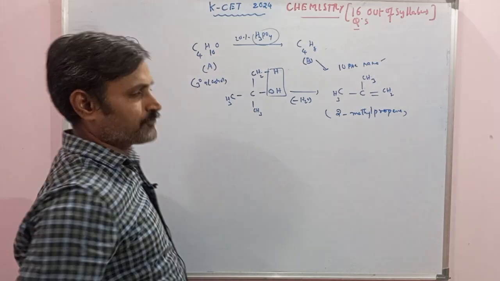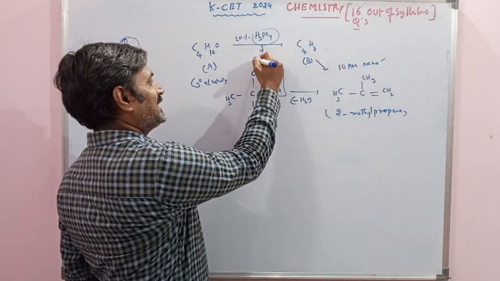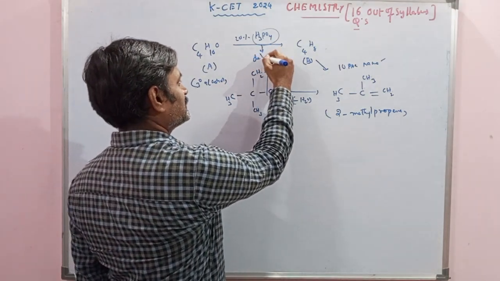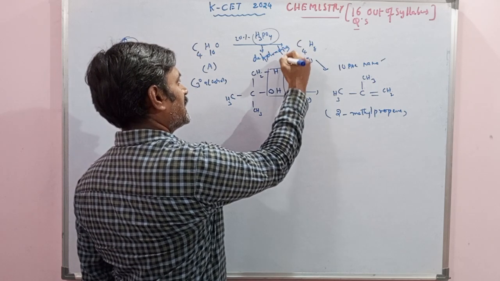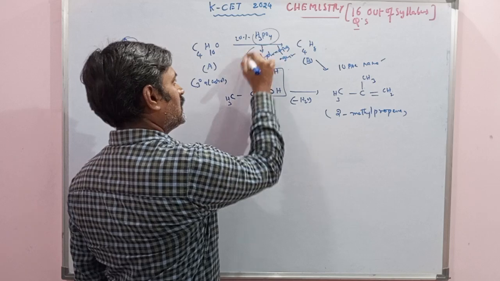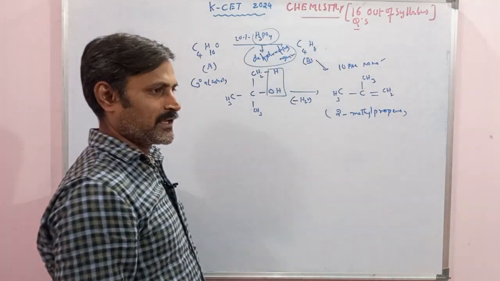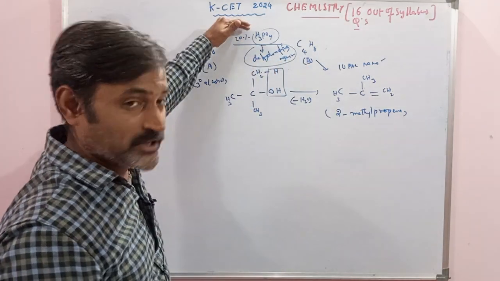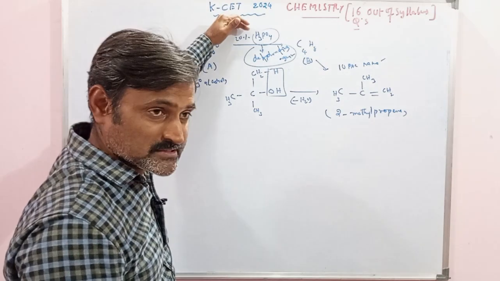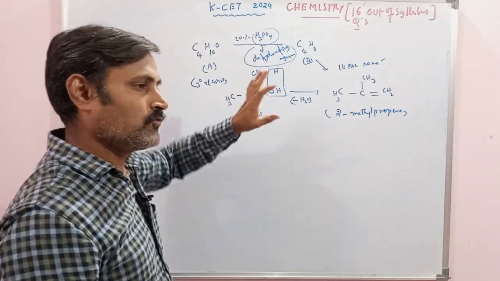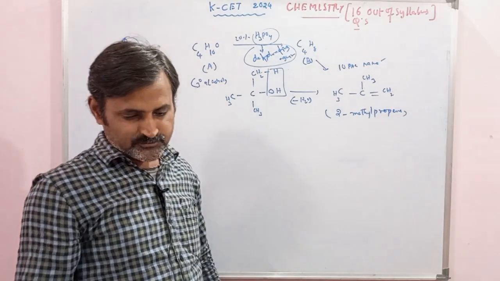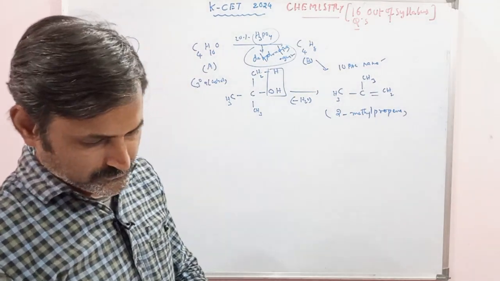The entire phenomenon is due to the dehydrating agent. I have already told you about some dehydrating agents. If sulfuric acid or phosphorus pentoxide is not given, this 20% phosphoric acid also works the same way as sulfuric acid.